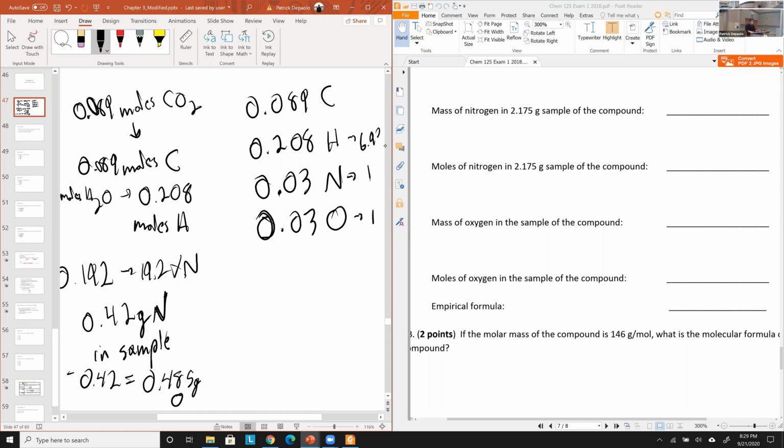That's close enough to 7, by the way. And then you have your 0.089 for your carbon divided by the lowest number, 0.03, and that is 2.97. Awesome, so this is about 3, close enough to 3, close enough to 7. You have C3H7NO. And that is your empirical formula for this question.